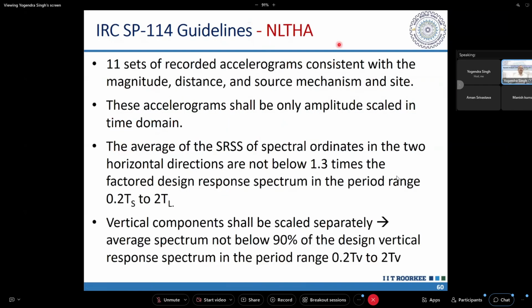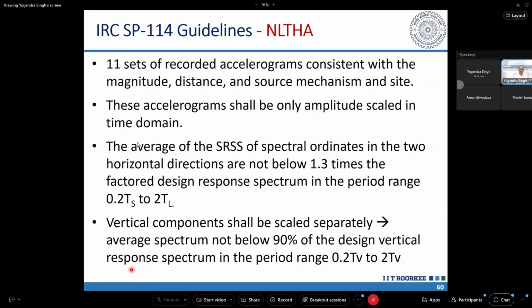Now, in case of nonlinear time history analysis, 11 sets of... spectrum in such a way that I think again you had the problem.